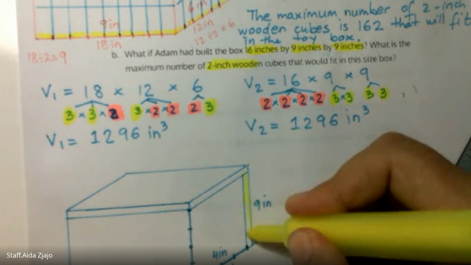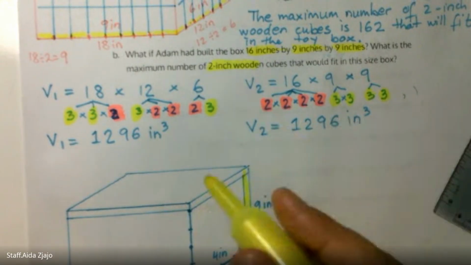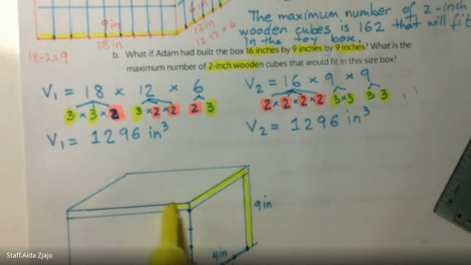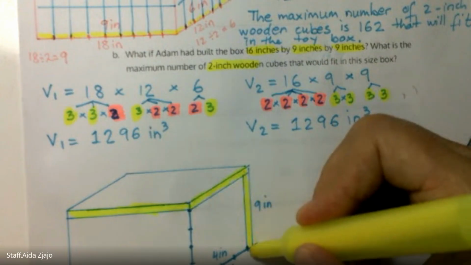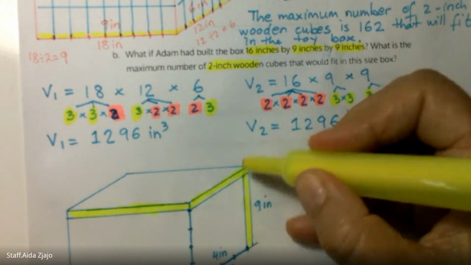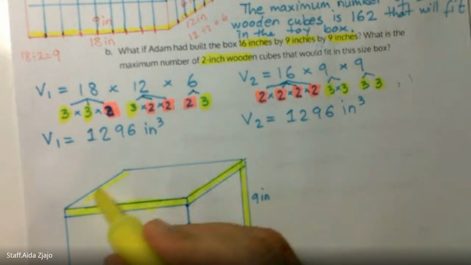On the side there will be this space empty, and on the top 16 by 1 inch will be extra, and then 1 by 9 will be extra.